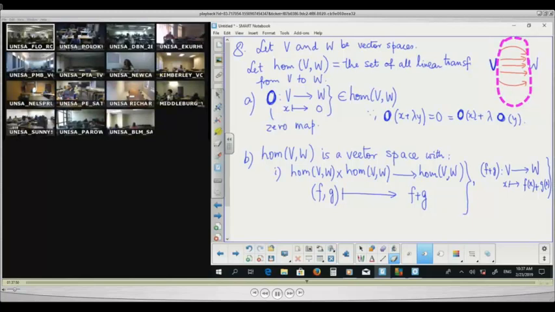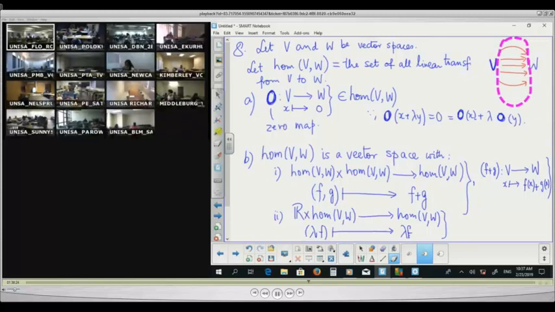And what is my scalar multiplication? My scalar multiplication is this function.